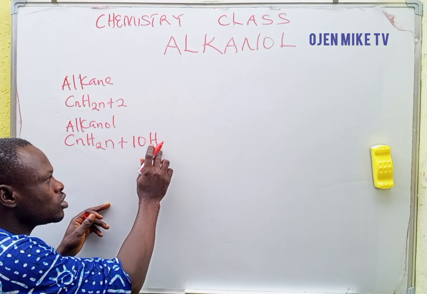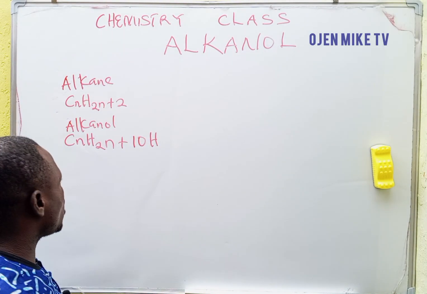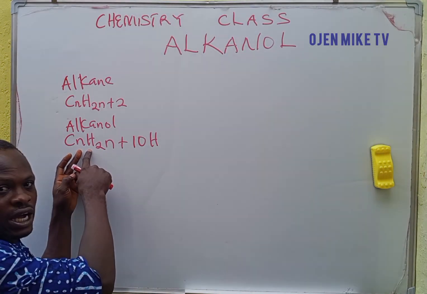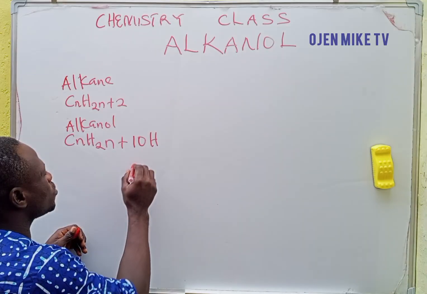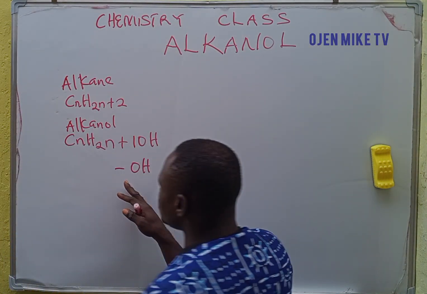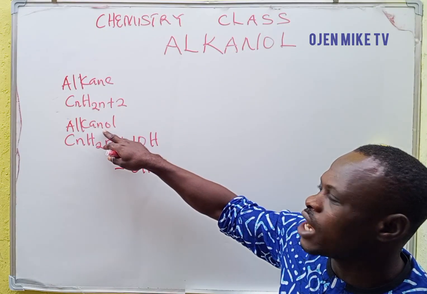It's not 10H, it's 1 OH. Is that understood? Now this alkanol has a functional group. This is the general formula of alkanol, and this is the functional group, OH. So anytime you see OH in a chain, it is a member of alkanol.